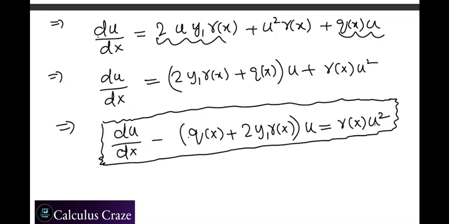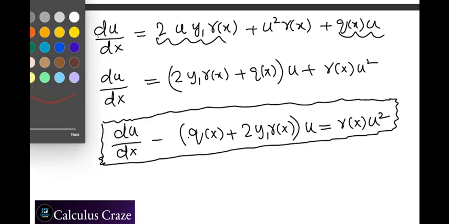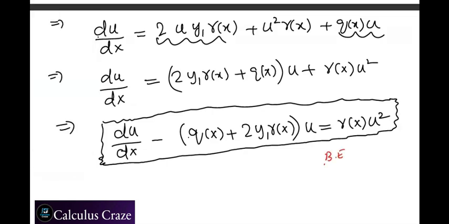So recall what the Bernoulli equation is. Let me write what we mean by Bernoulli equation. The Bernoulli equation is always of this form: dy by dx plus p of x times y equals some function, maybe q of x, times y to the power n.